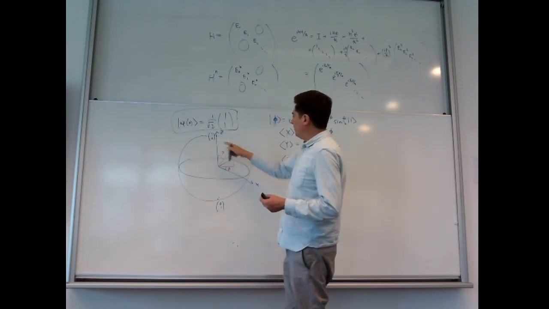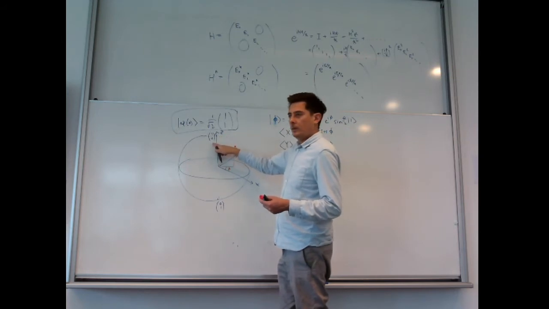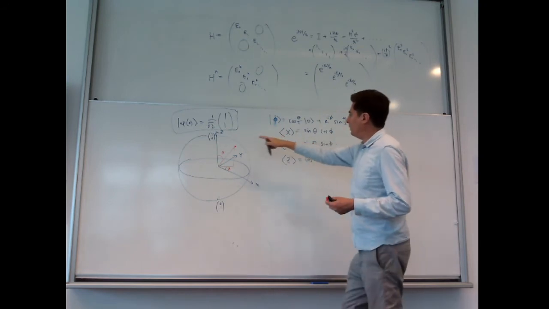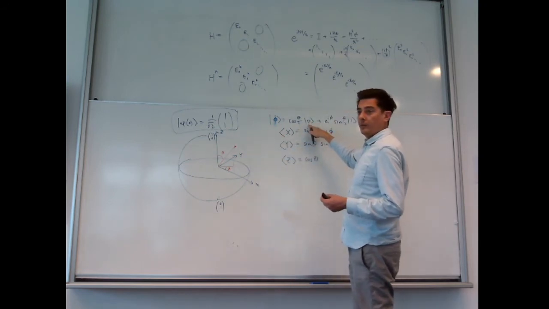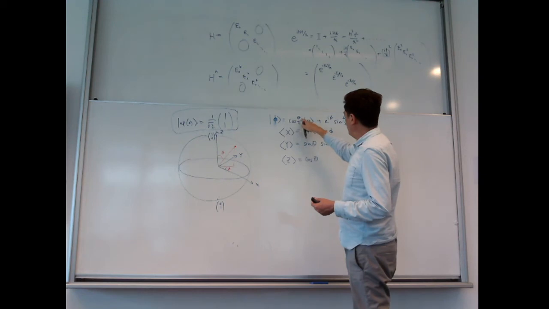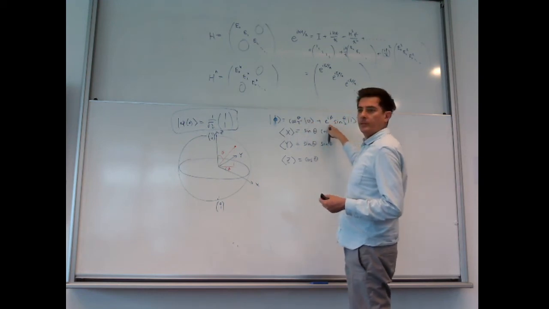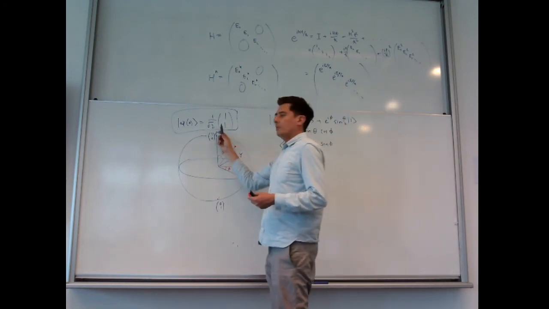So the reason why at the top of the sphere 1, 0 is at the top is because 1, 0 means that the state is just this one. So if it's only this one, then we need theta to be 0, and it doesn't really matter what phi is. And if theta is 0, then it's at the North Pole.